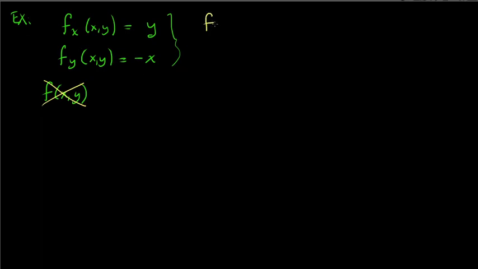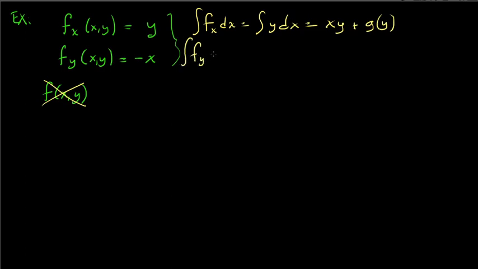So if we were to integrate the x partial here with respect to x, we just get x times y plus some function of y. And if we integrate the y partial with respect to y, we're just integrating negative x with respect to y. We get negative xy. And that's the problem.